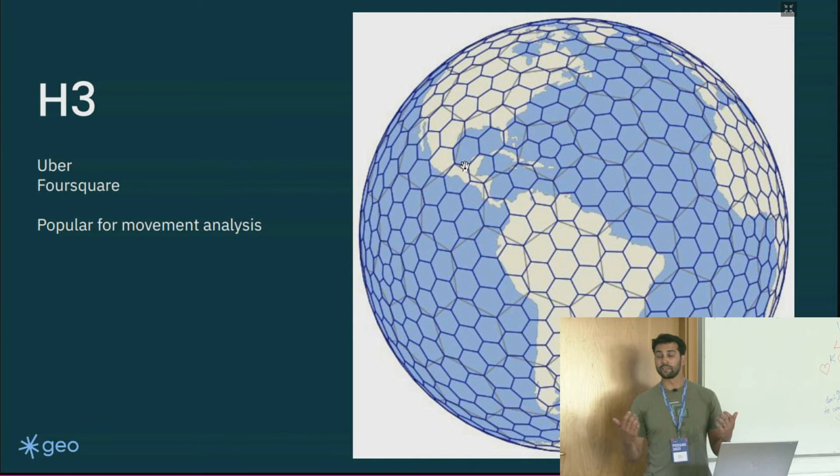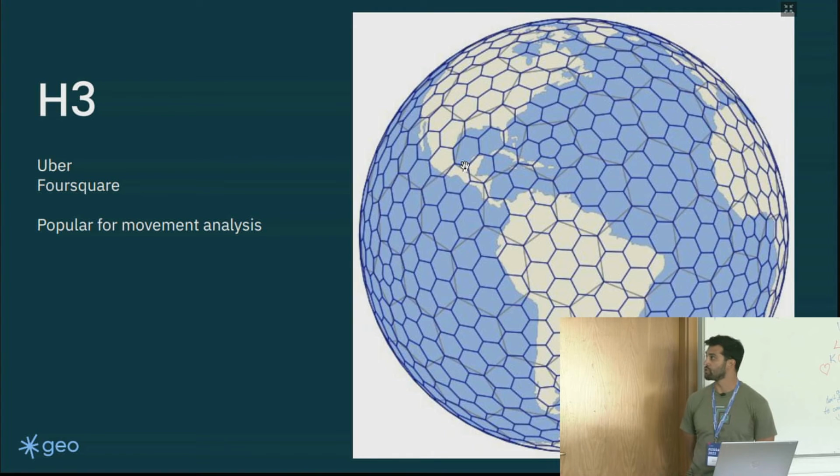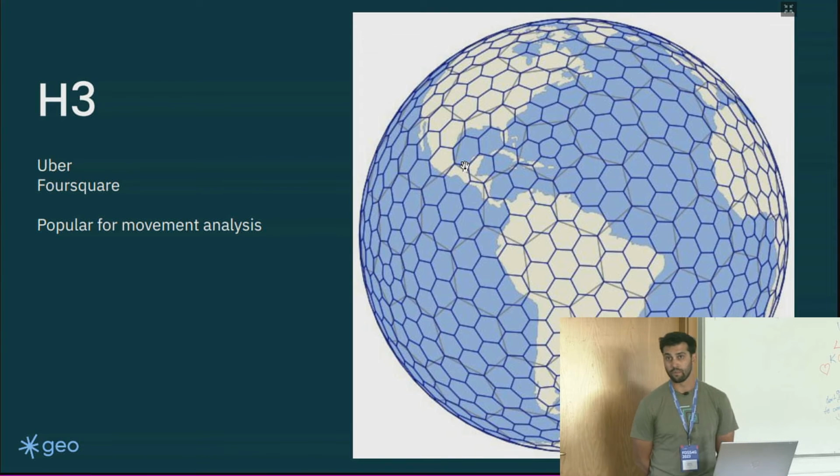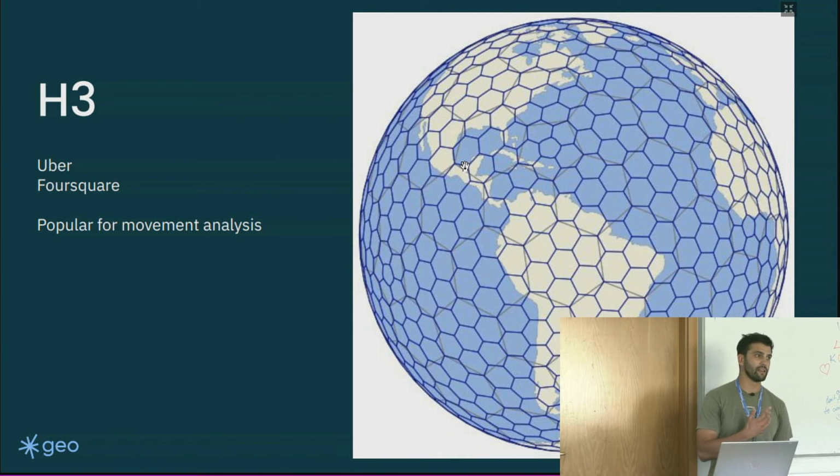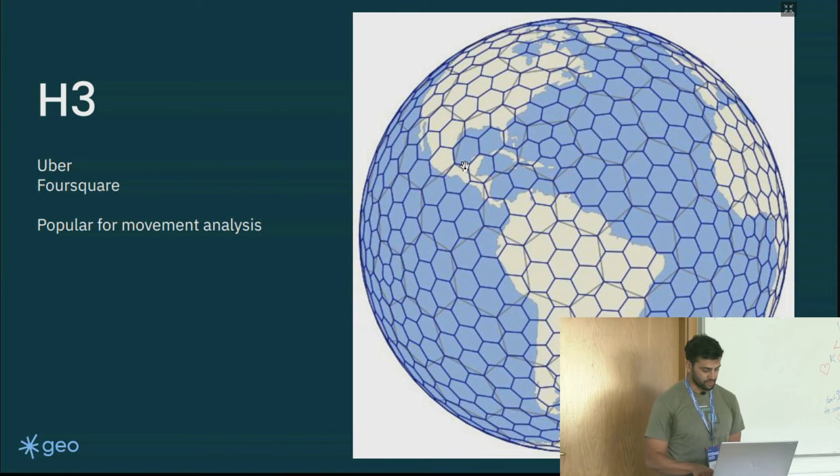So Uber really likes this because they are moving cars around. This is great for other applications like watershed management as well, because water doesn't flow in north, south, west, east projections. So H3 is really good for movement analysis, but it gets kind of annoying when you want to map satellite imagery onto it, because satellites usually capture things in pixels, which are square-ish.